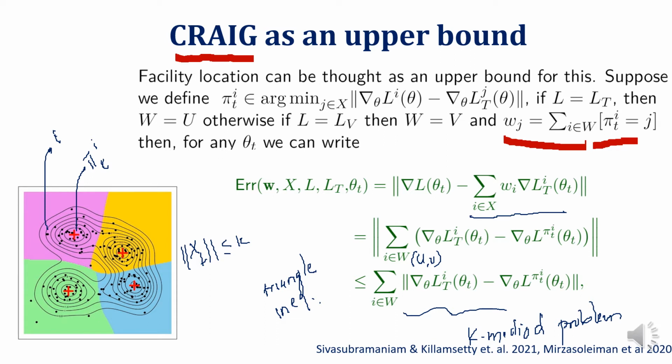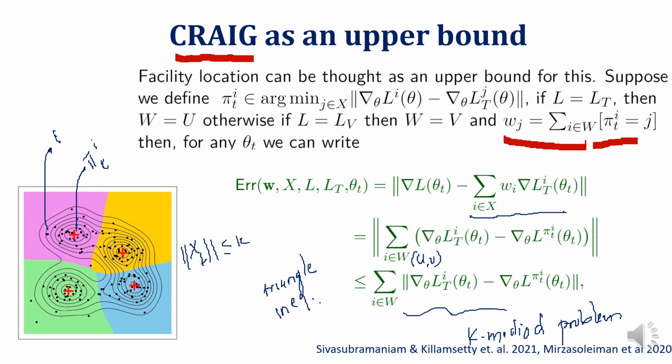If this is the assignment, and if the Wj's are basically the count of the number of the i's that were assigned to an element j, under this condition, we can expand the summation over i in X of Wi times the gradient of LTi at theta t as a summation over all the elements in either U or V, based on what W is said to be, of this gradient.